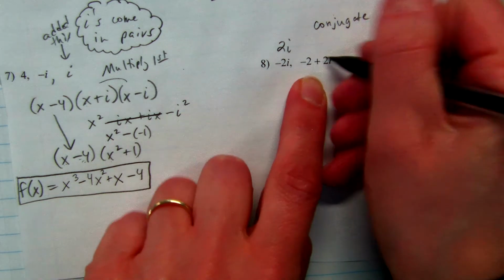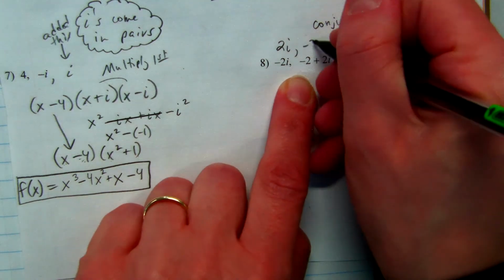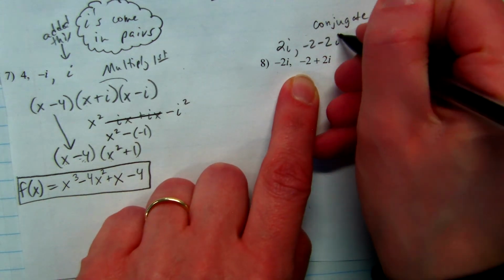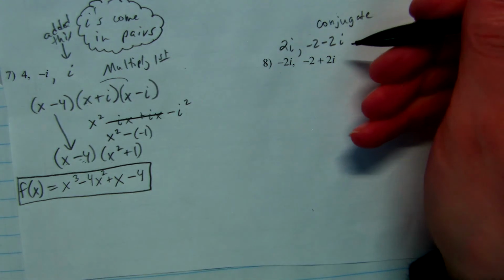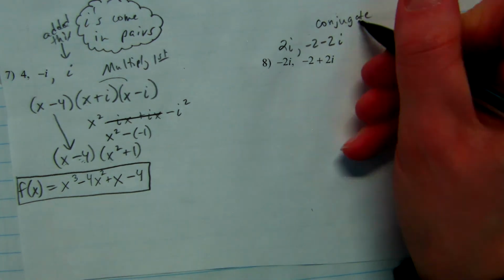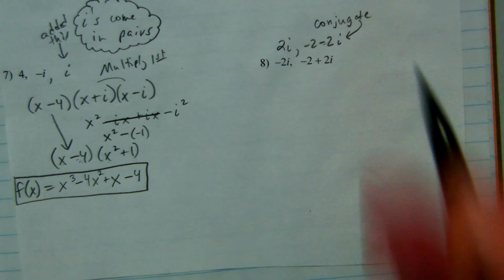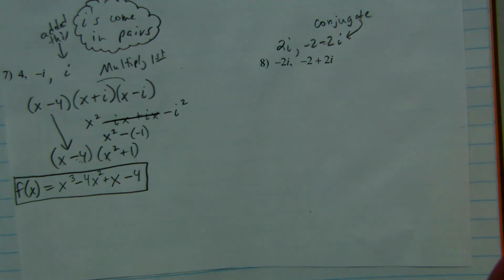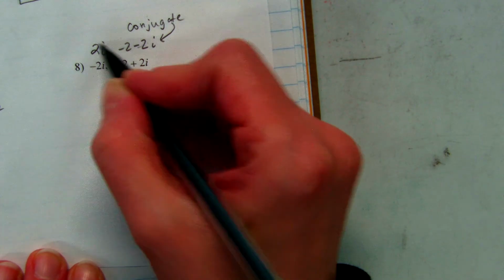So instead of changing everything, I'm going to make it negative 2 minus 2i, which is what we used to get it out of the denominator when we had to rationalize these. You keep the first part, but you change the sign on just the i part. You only change the sign on the i part. And that is what makes this one slightly more complicated. This is going to be a little bit of work. So you have to make sure that everything with an i has a pair.